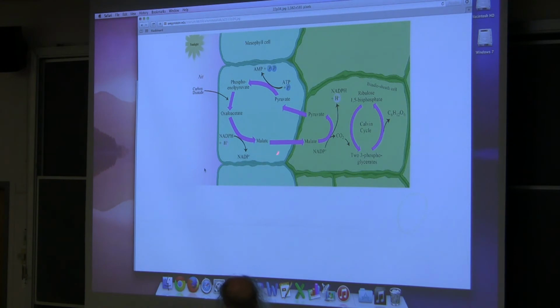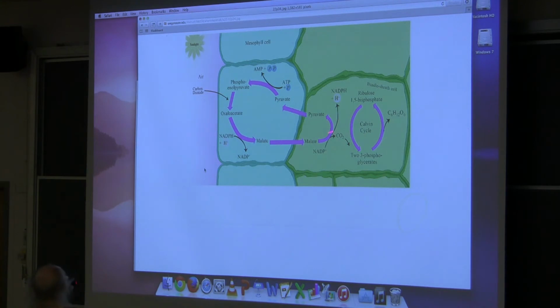So what this system has done is shuttle carbon dioxide from the atmosphere into the inner regions of this plant. And in here, this carbon dioxide can more efficiently be used. The carbon dioxide then does exactly what you've already seen. It combines with ribulose 1,5-bisphosphate in a reaction that's catalyzed by Rubisco such that 2 molecules of 3-phosphoglycerate get formed and glucose ultimately gets formed.